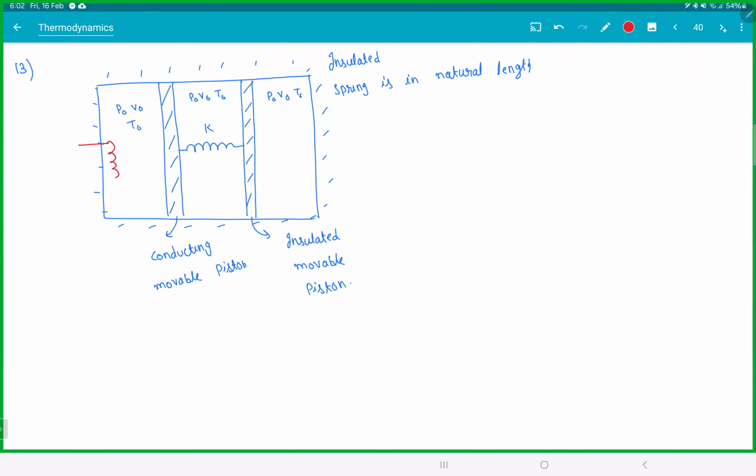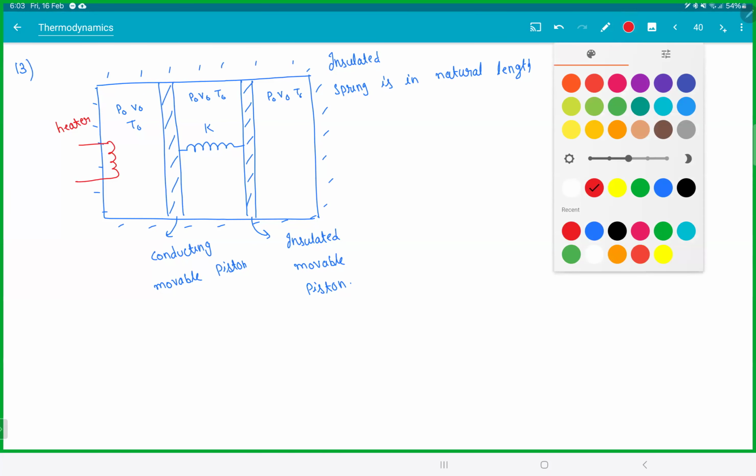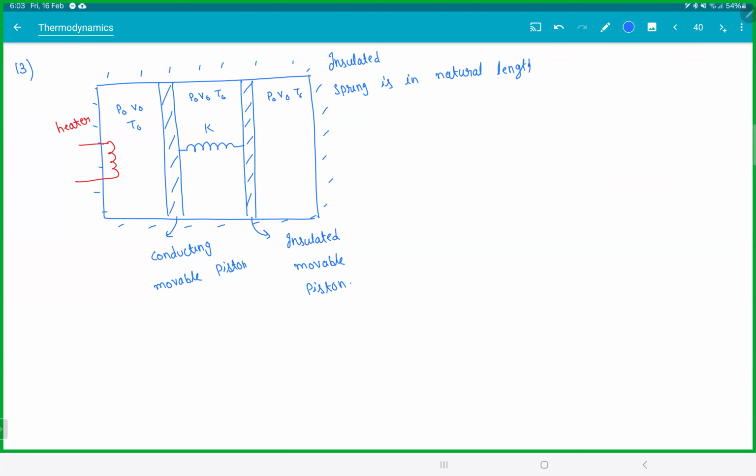And let's say we have the heater here. Let's call this piston 1 and piston 2.